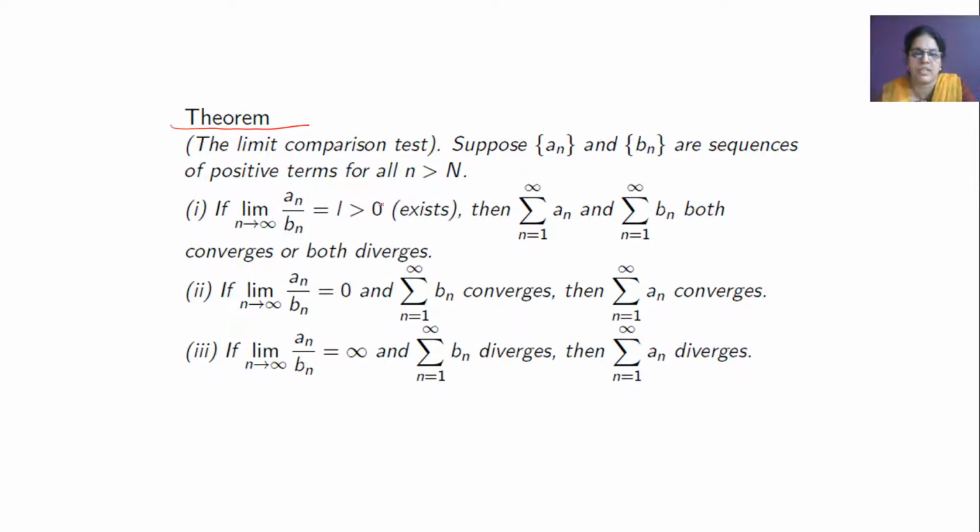Here we find the ratio of the nth terms. Take an and bn as two sequences of positive terms, and the corresponding series are sigma an and sigma bn.